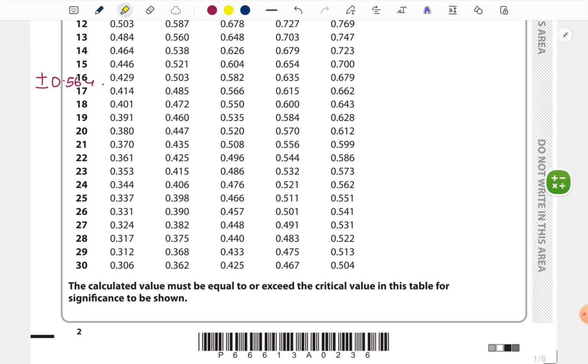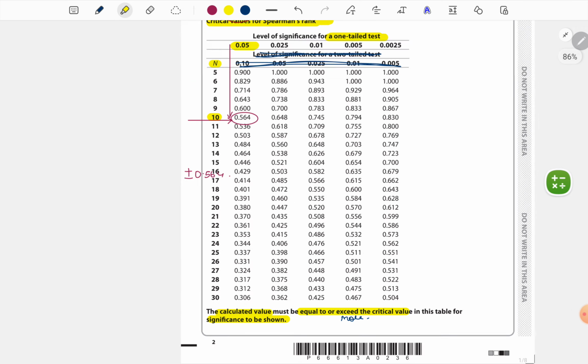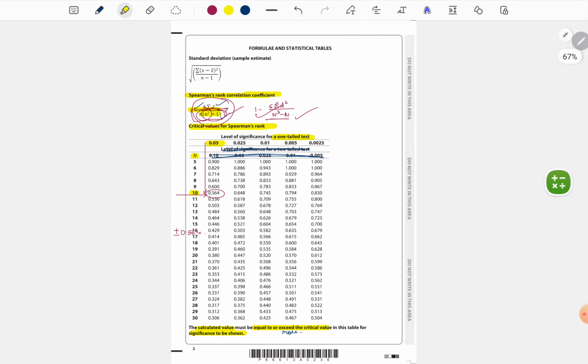So they have mentioned below the table, so you need not worry about remembering the rule for checking the hypothesis. Here you can see calculated value must be equal to or exceed, means it must be more than the critical value for significance to be shown. So they always give the rule under the table itself. So don't worry about being confused how you need to support or see whether the hypothesis is not supported. It will be there on the question paper.